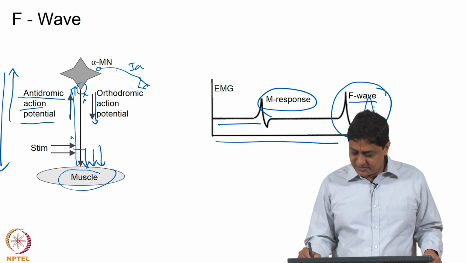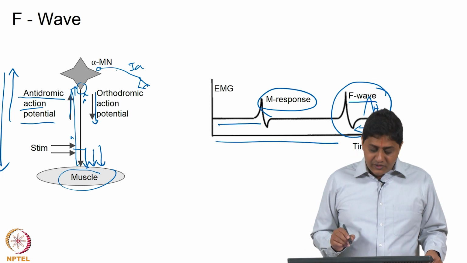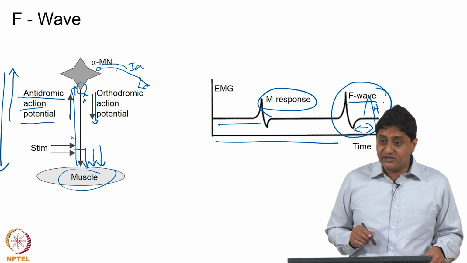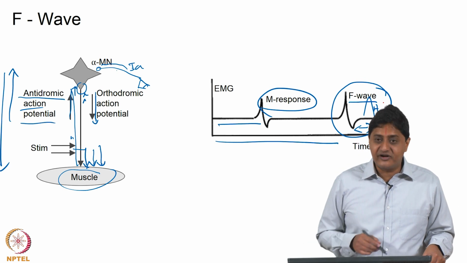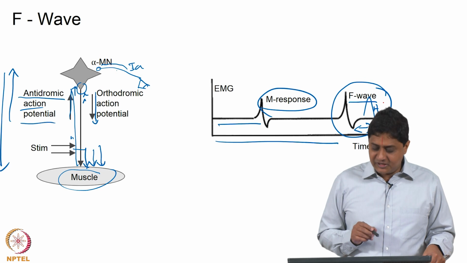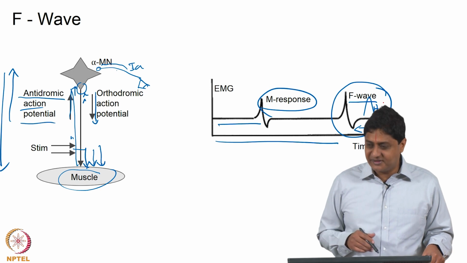So, this is the H. Why this difference? You see, the pathway involved in the H reflex is a longer pathway with an afferent and a synaptic delay, but the pathway involved with the F response is the same alpha motor neuronal axon. There is no synapse involved.